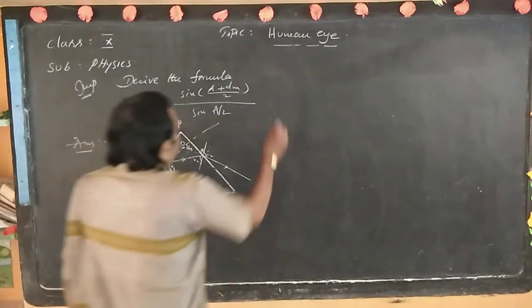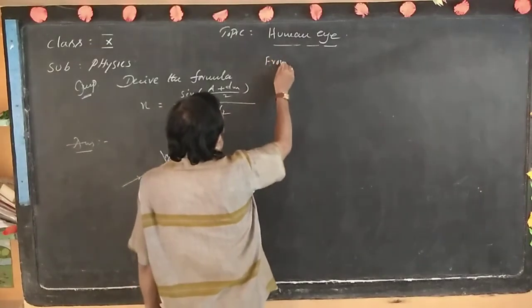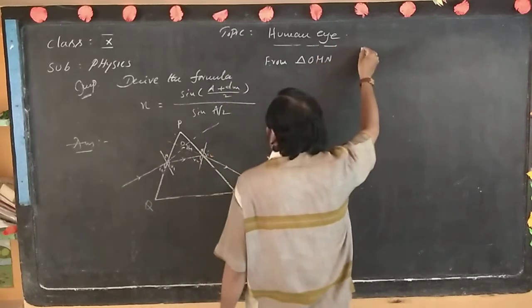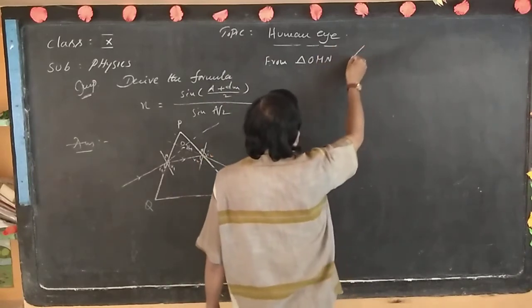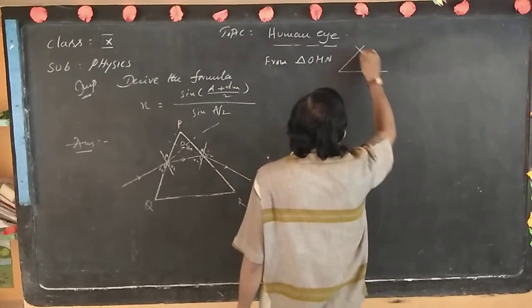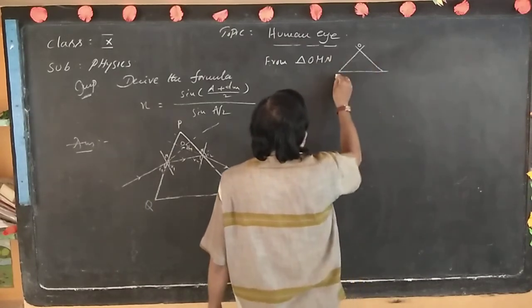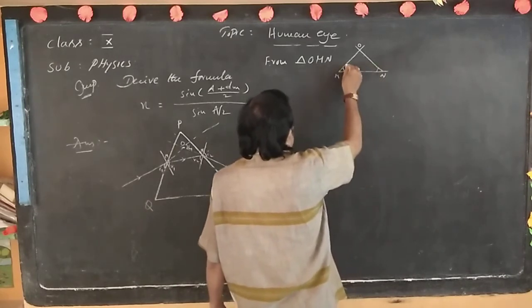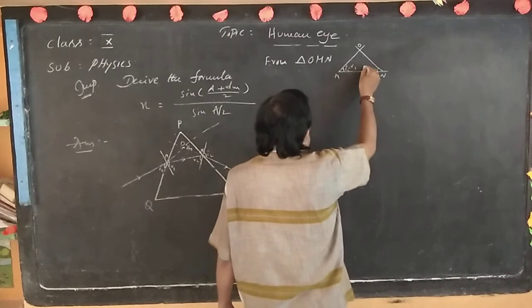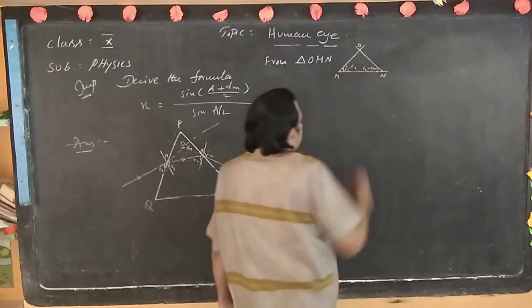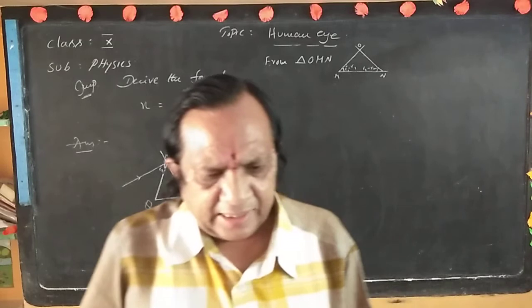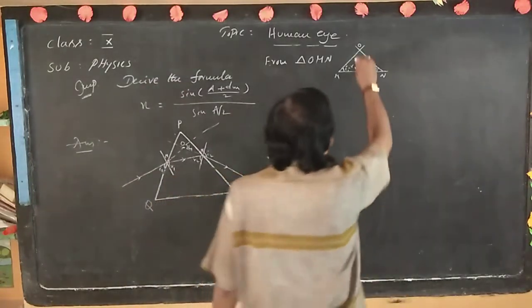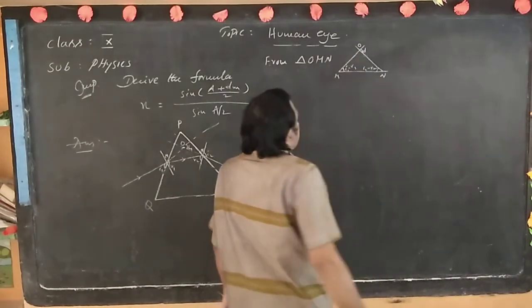Let me draw this triangle. Here these angles are I1 minus R1 and I2 minus R2, and this one is the angle of deviation, D.